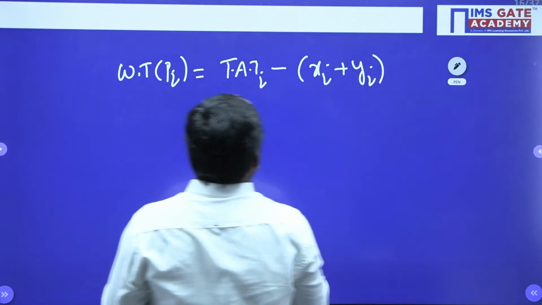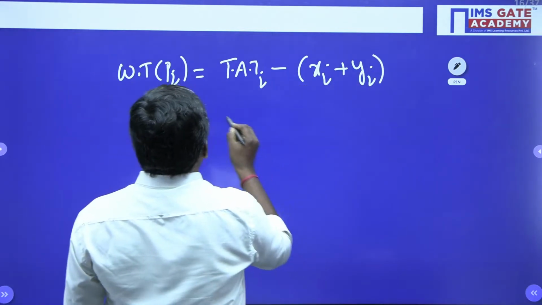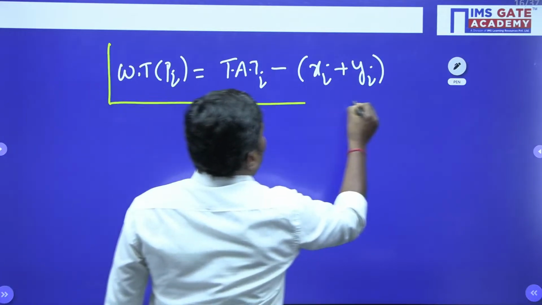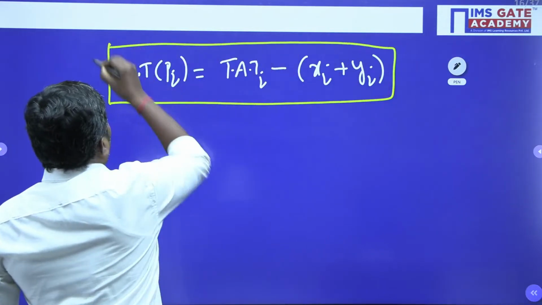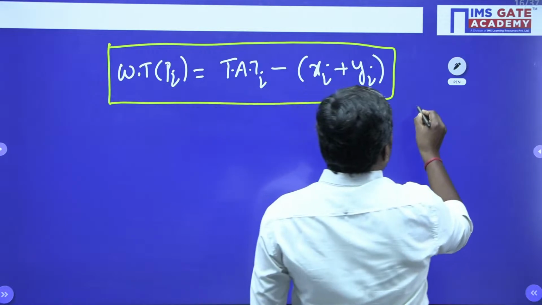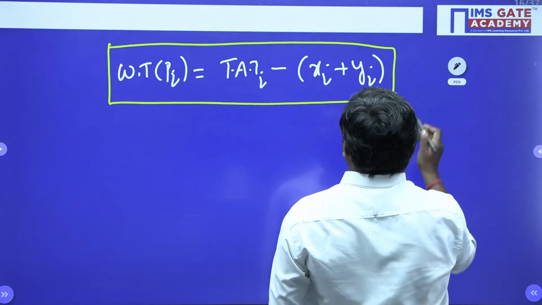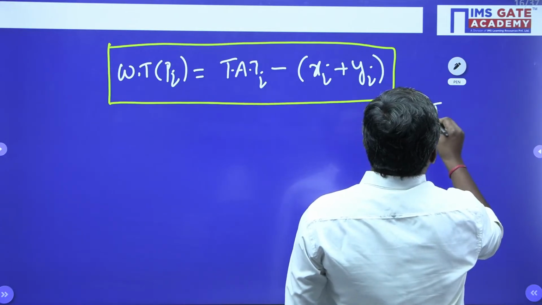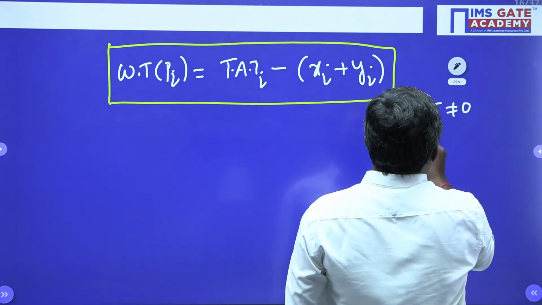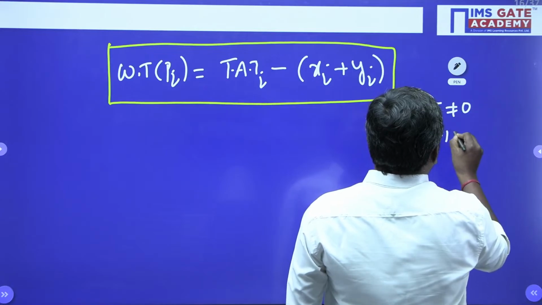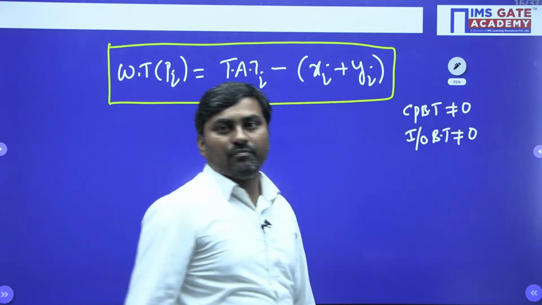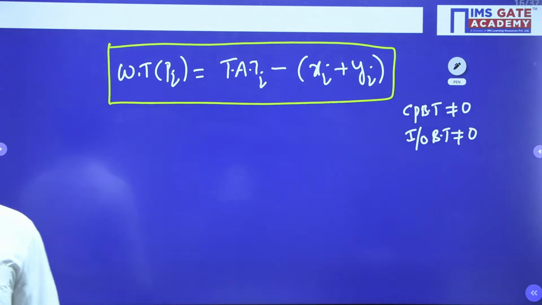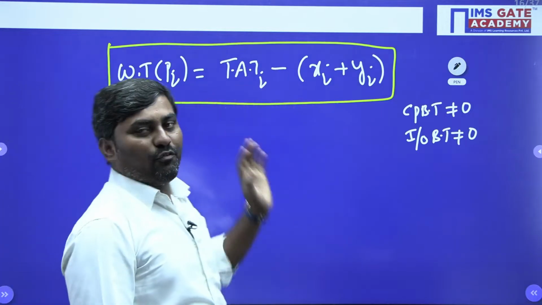When CPU burst time and IO burst time are both not equal to 0. Am I right? This is clear?